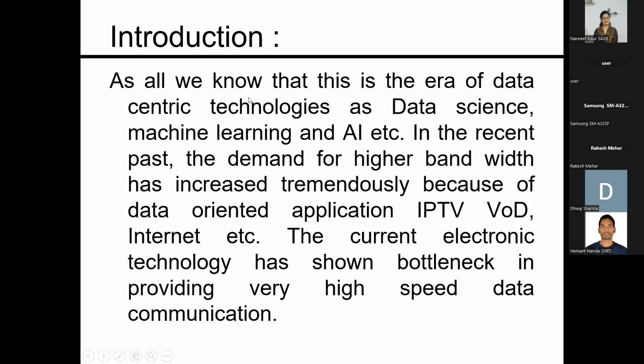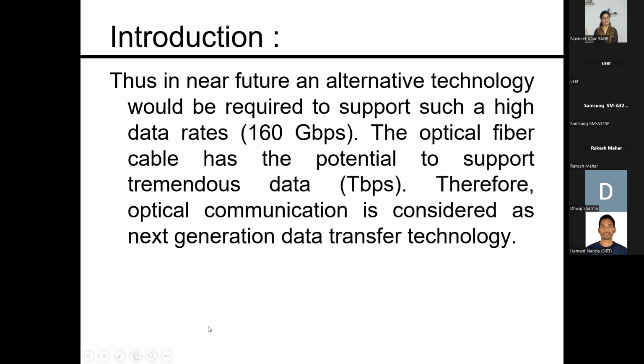So, introduction. As we all know, we are living in an era of data, and the need for data increases day by day. It is almost 1.5 times or 2 times every year. So the older technologies that depend upon copper cable have very slow speed. So we require optical fiber communication that fulfills our demands.